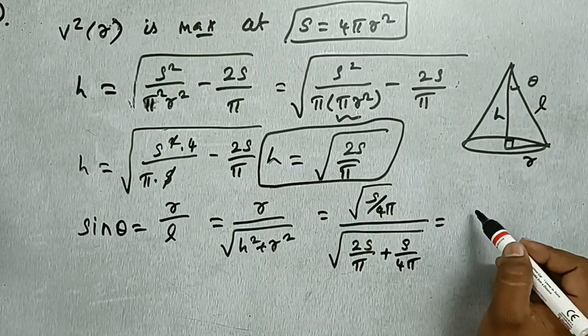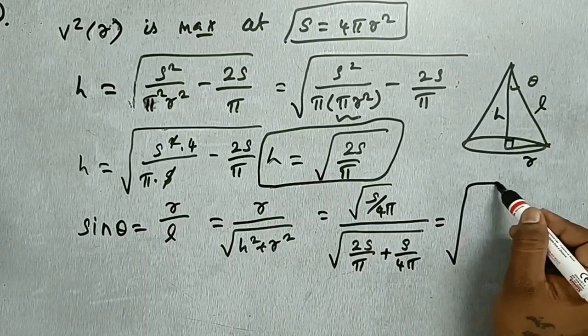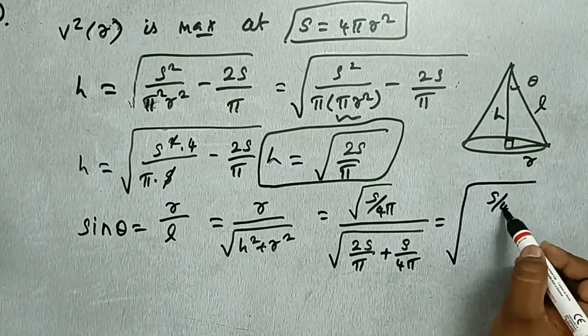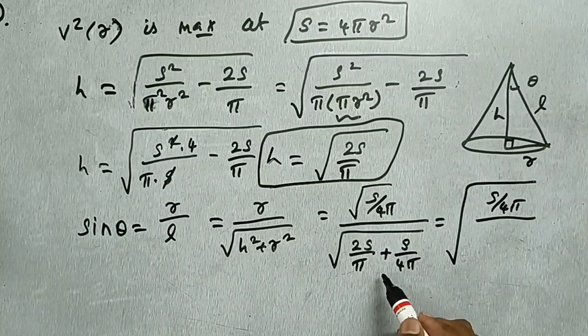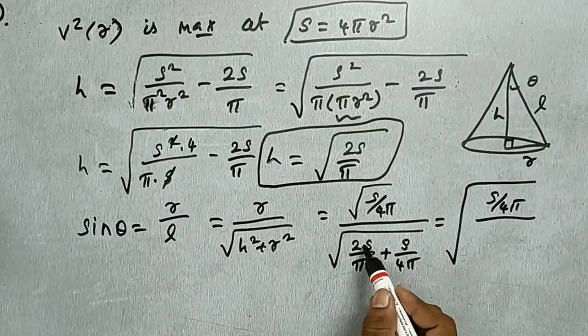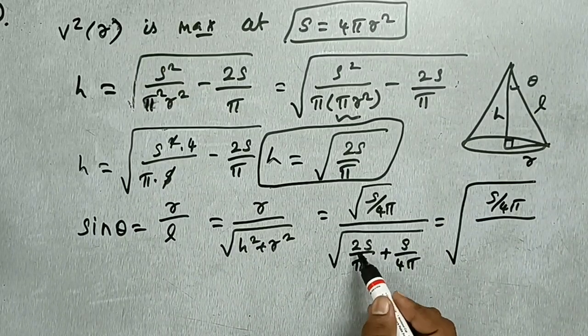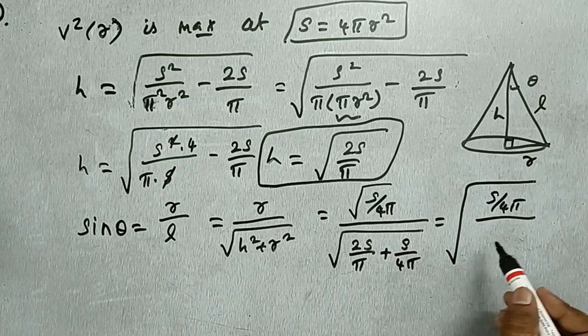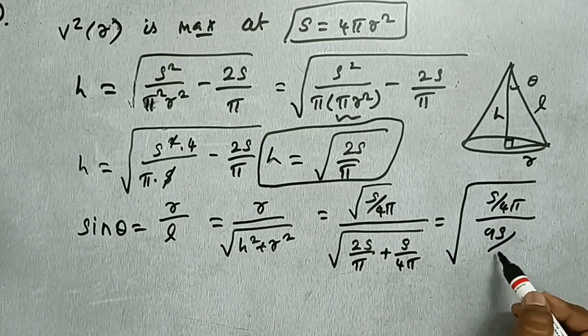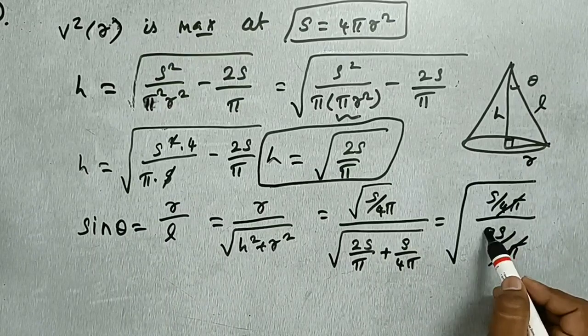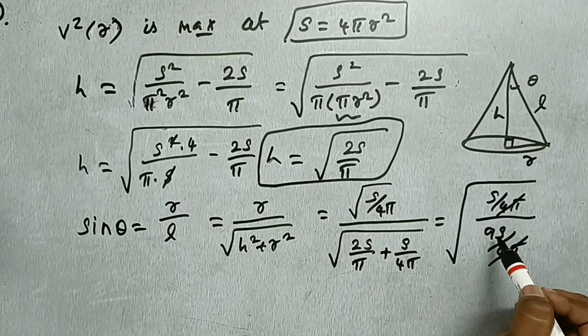Now simplify this, we can take common root s by 4 pi. To simplify, we have to multiply the numerator and denominator by 4. 4 into 2 is 8s plus 1s, 9s will come. 9s divided by 4 pi. This 4 pi cancels. So remaining will be s by 9s.